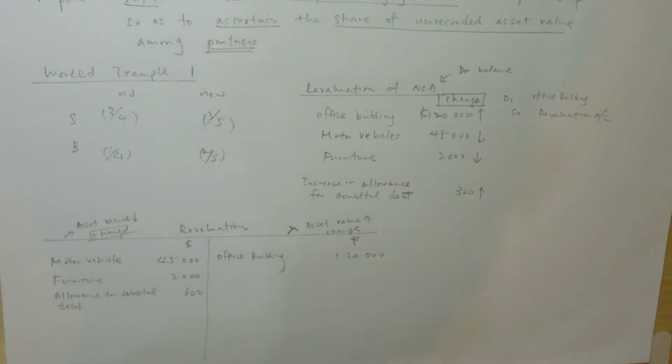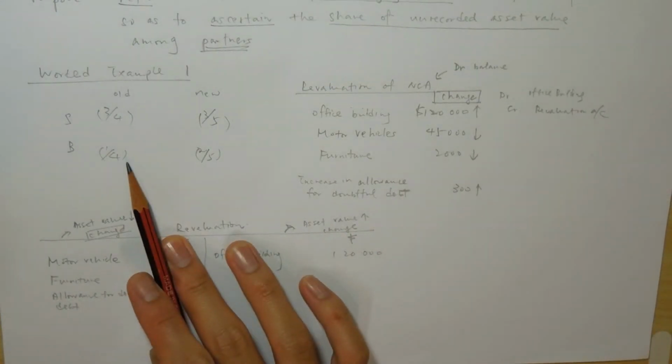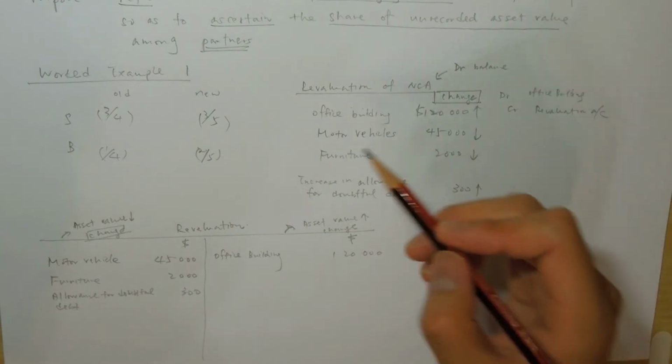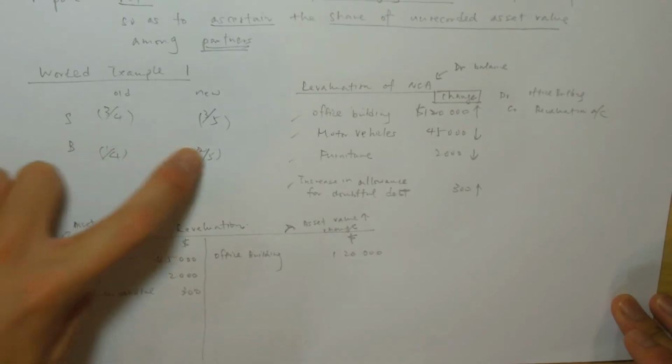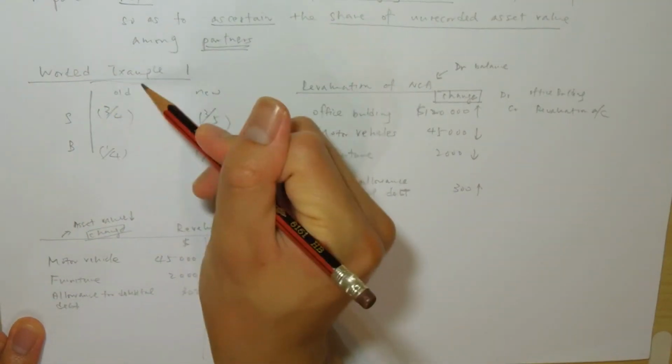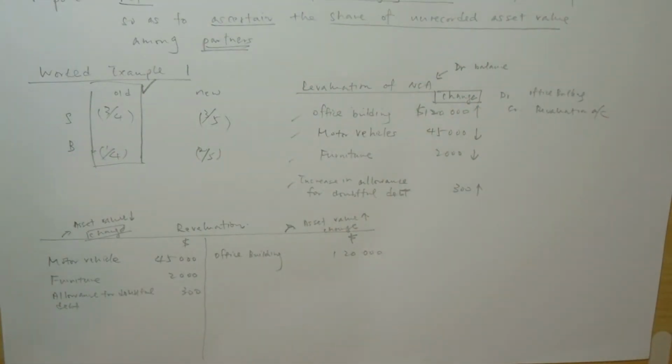Okay, and at last, we share with the old ratio. We have recognized all the items, but do we share by the old profit and loss sharing ratio or the new one? Remember, we share by the old one. Because this is the benefit from before, we say the profit or loss is shared by the old one, not by the new one.